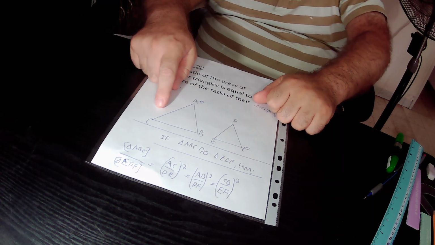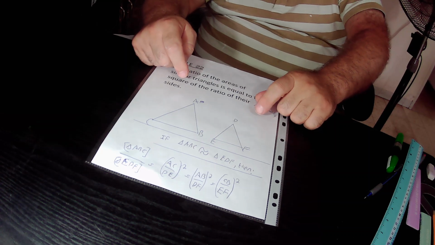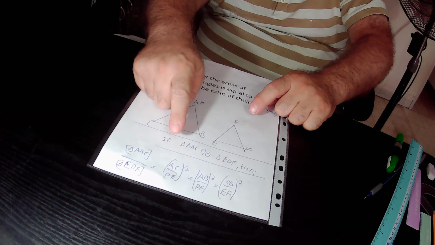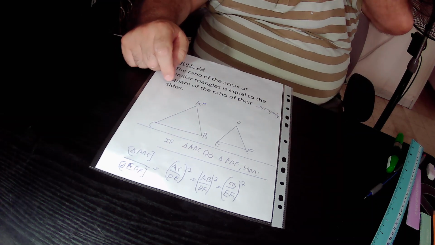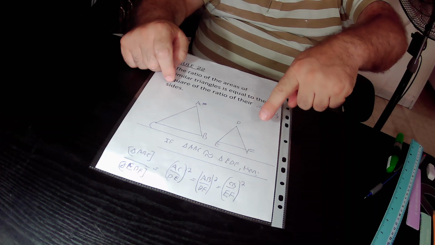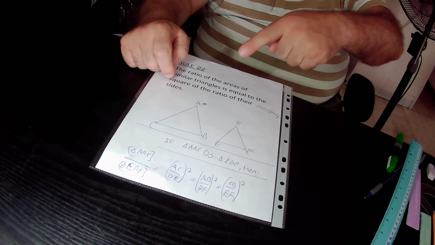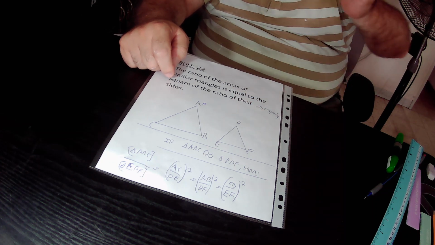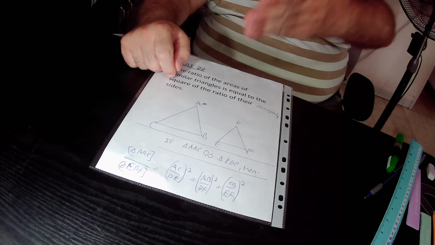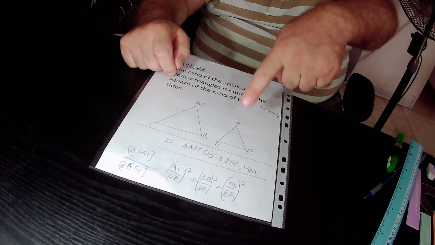Side AC corresponds to side DE, so the square of the ratio of those two corresponding sides is AC over DE squared. Likewise, side AB corresponds to side DF, so it is AB over DF squared. And finally, side CB corresponds to side EF, and the square of the ratio is CB over EF squared.